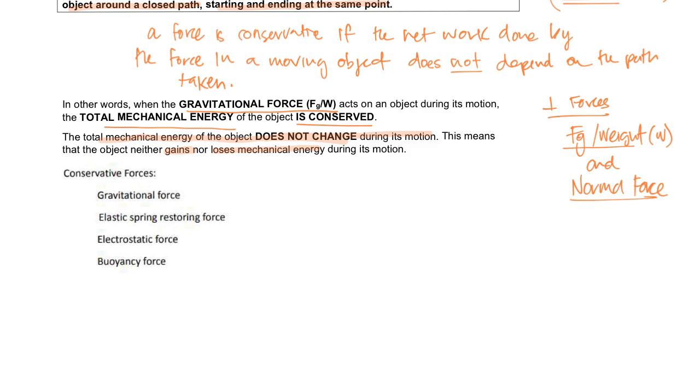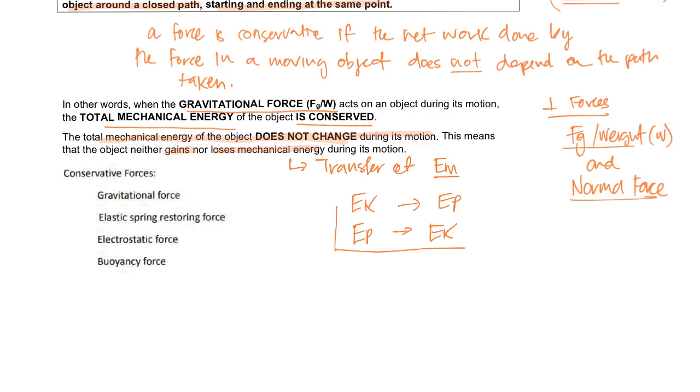So what that actually means is that if it's not gaining or losing, I'm going to have a transfer of mechanical energy. I'm just going to transfer from one type of mechanical energy to another. I can go from kinetic energy into potential energy, or from potential energy into kinetic energy.